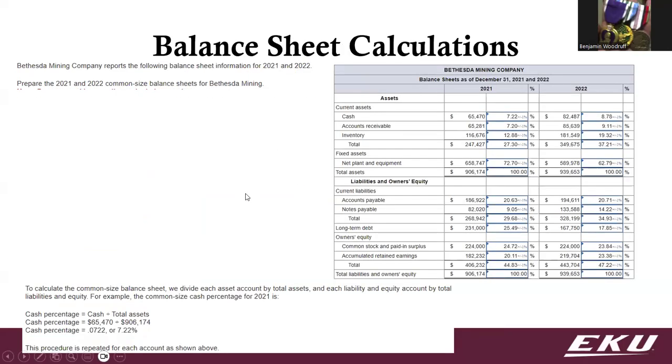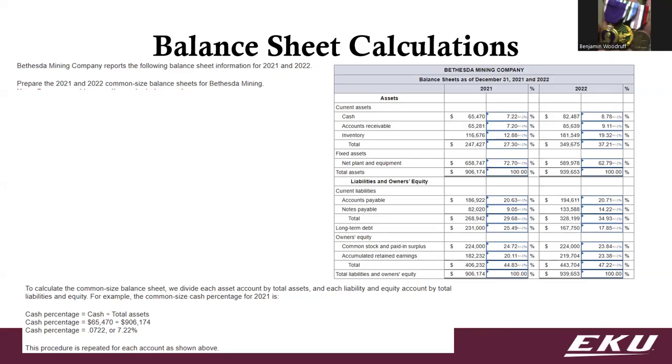Okay. And this is another one, but this is covering a company over 2 years. So you see 2021 and 2022, right? And then as you see on this particular problem, it also shows the percentages. What percentage of total assets is cash, right?